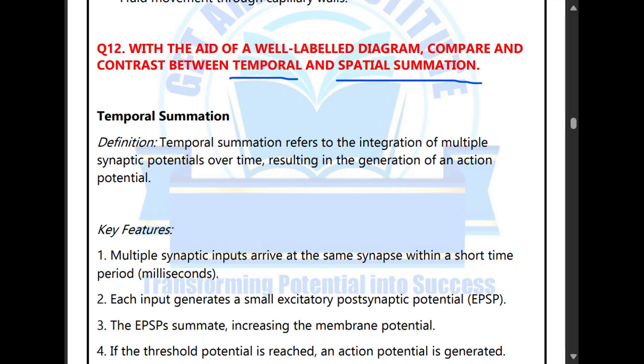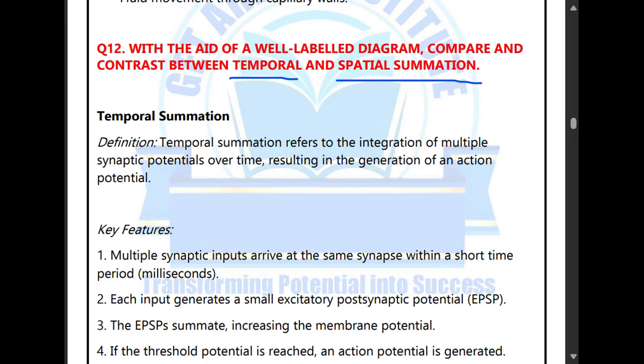Now, remember when we were looking at the membrane potentials, we started by talking about resting membrane potential. Then we went ahead and also learned how to calculate the Nernst potential. Then we moved from resting membrane potential and started talking about graded potential.